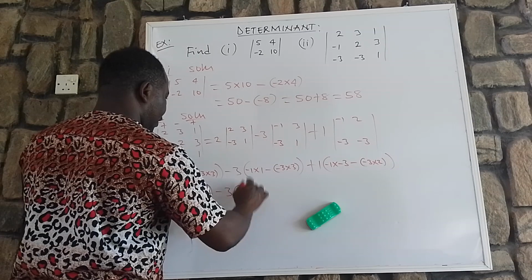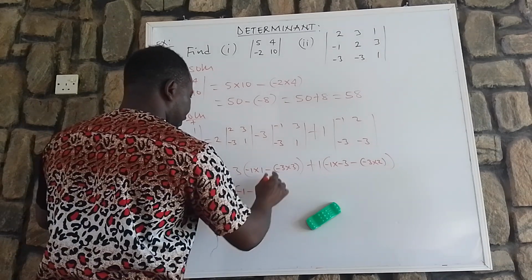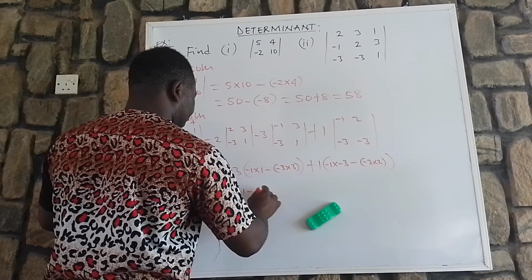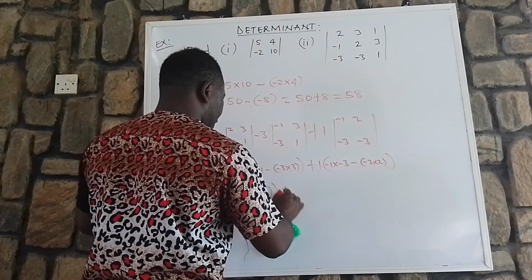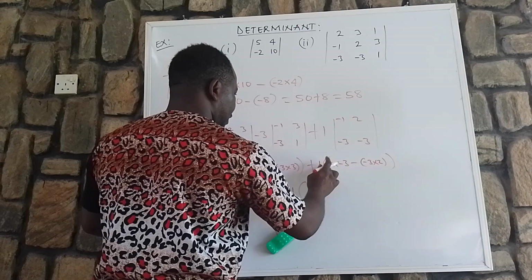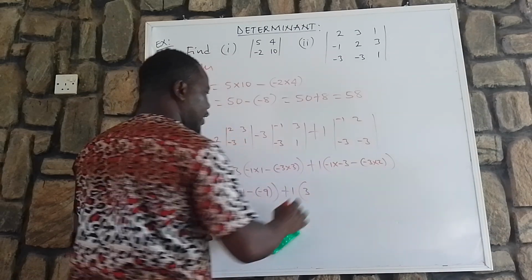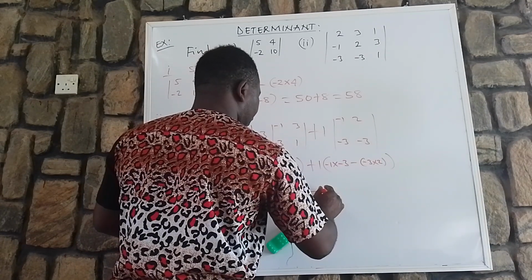Minus 3, open bracket, minus 1 times 1 will give us minus 1, then minus, open bracket, minus 3 times 3 will give us minus 9, close the bracket. Plus 1, open bracket, minus 1 times minus 3 will give us plus 3, then minus, open bracket, minus 3 times 2 will give us what?